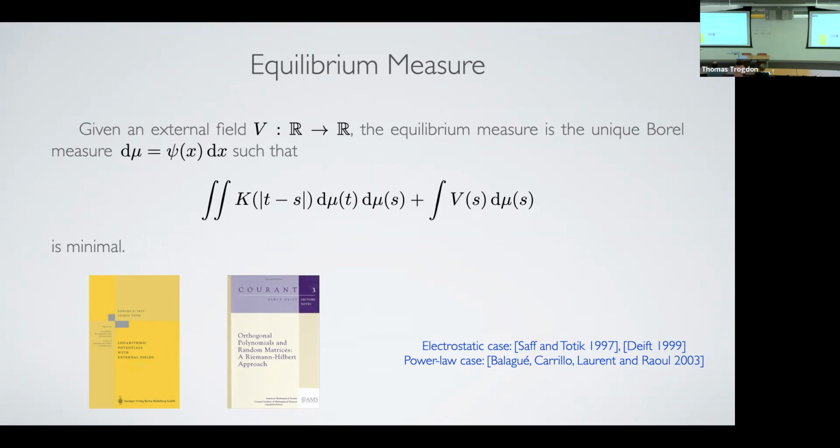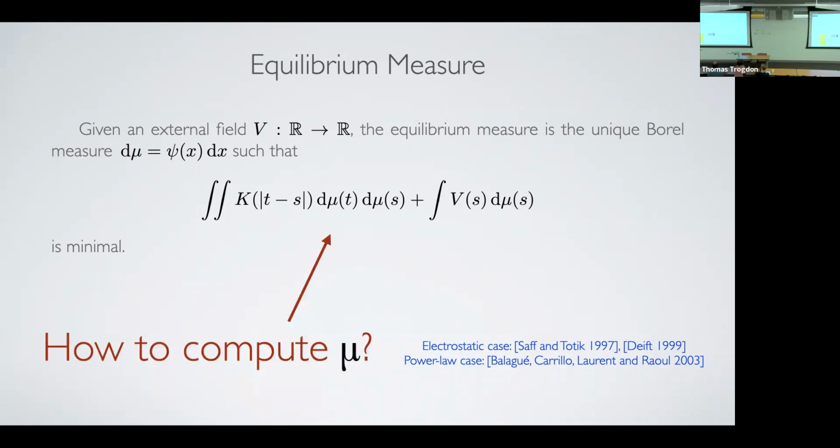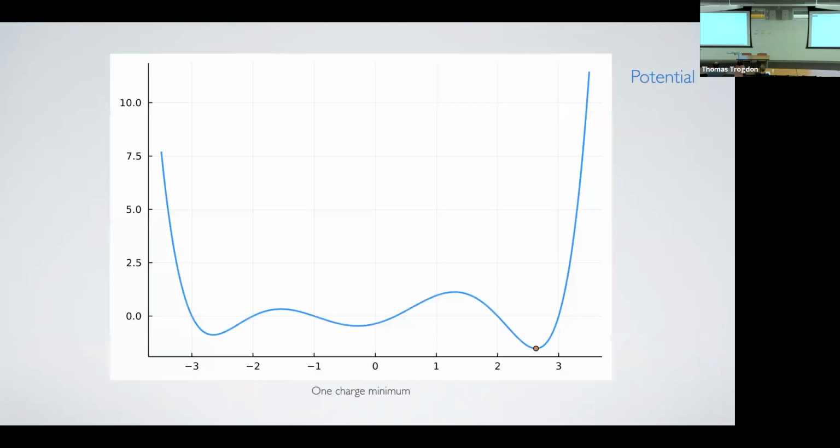It was there before. That's actually where I learned all this, trying to go through this book and understand it by doing numerics. And again, the big question is, how do we compute this measure mu from this energy minimization problem?